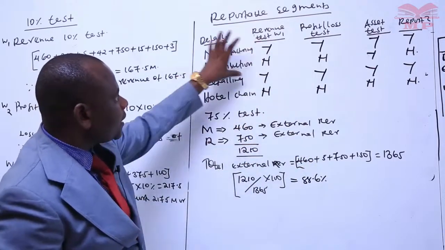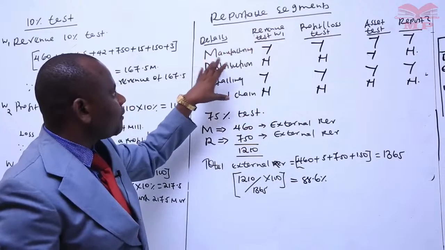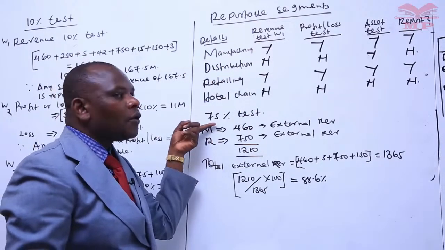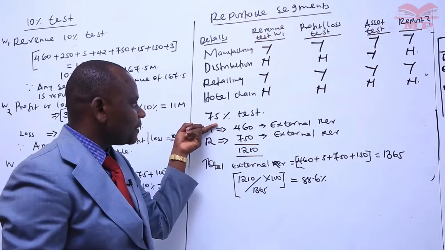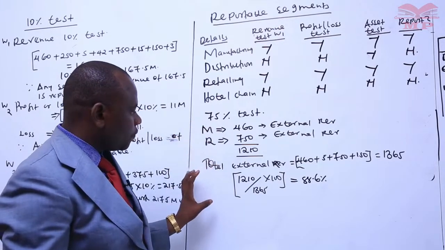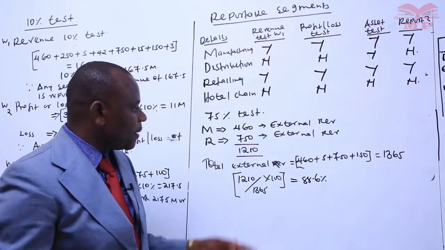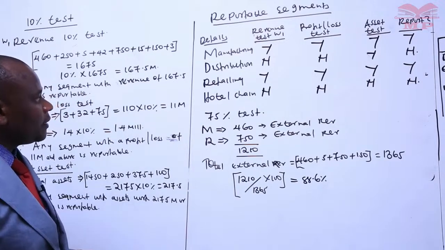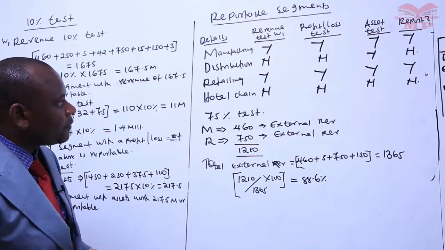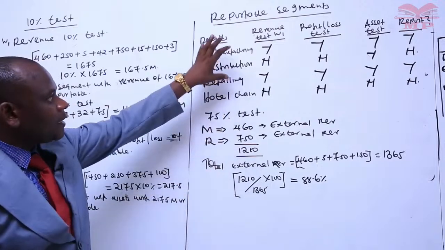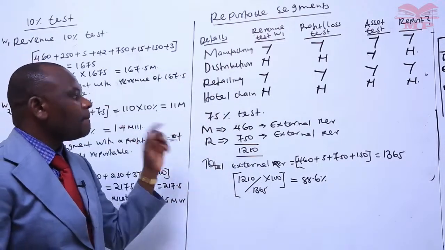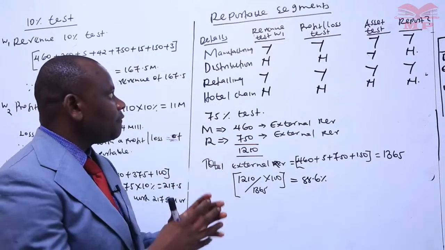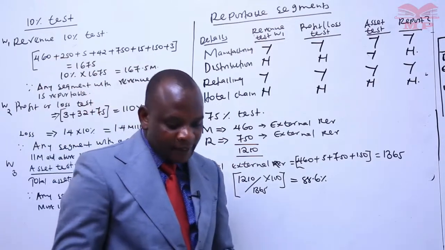We will not proceed to conclude that manufacturing and retailing are reportable segments without determining the 75% test. And so we can conclude that also based on 75% test, manufacturing and retailing are reportable segments because their external revenue is above 75% of the total external revenue from all the segments.